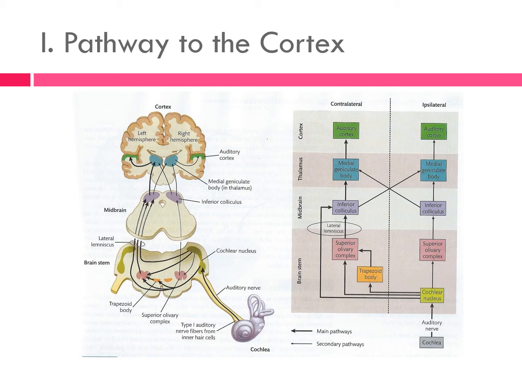Then traveling up through the midbrain to the inferior colliculus. Again, because we're looking at just one ear, we can see that contralateral is the main pathway, and the ipsilateral is the secondary pathway. Between the inferior colliculus and the medial geniculate, we have more crosstalk.